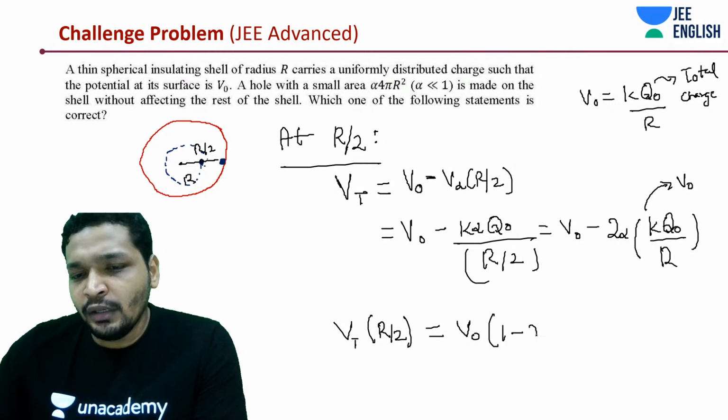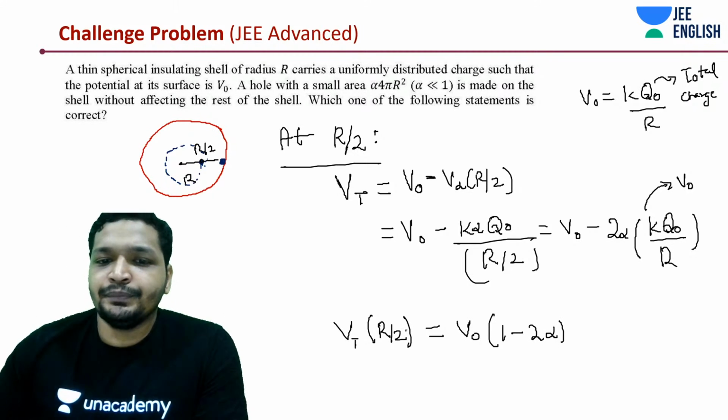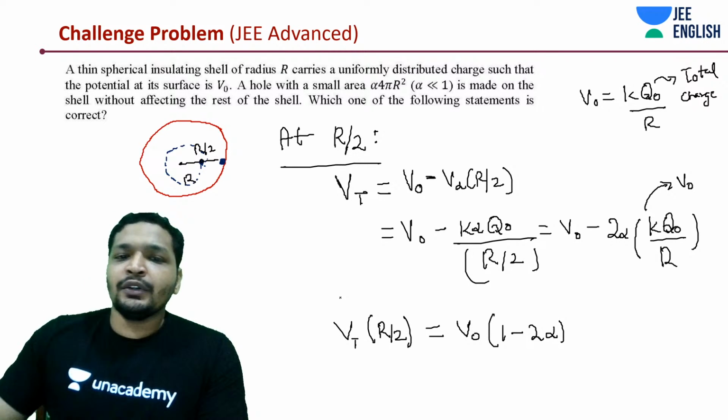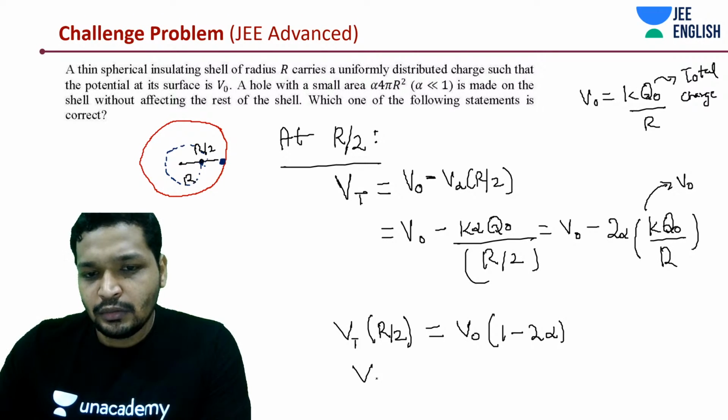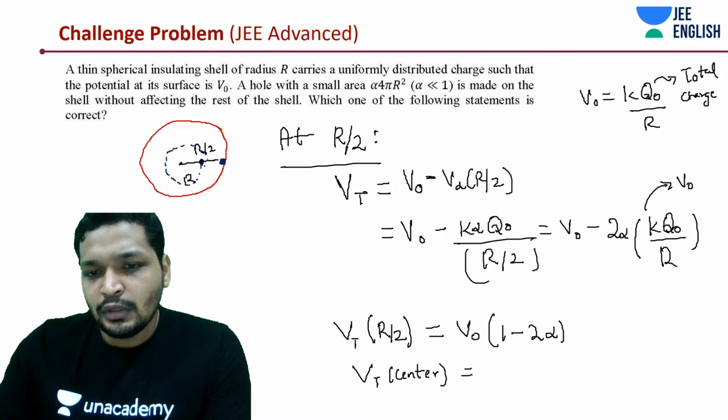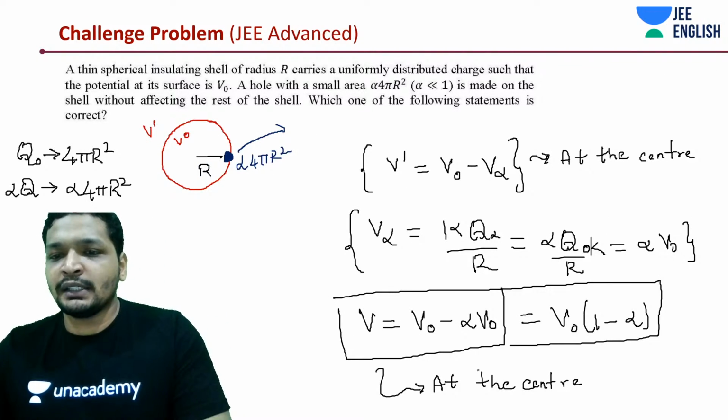Okay, so this will be 1 minus 2 alpha. This is at R by 2. And what was at the center? If you remember, V naught into 1 minus alpha.